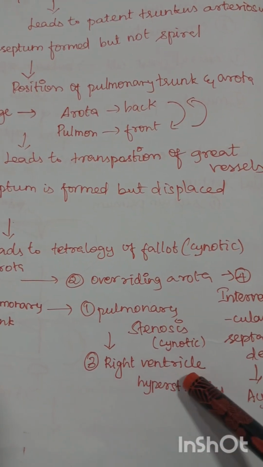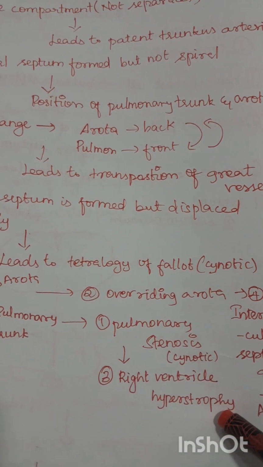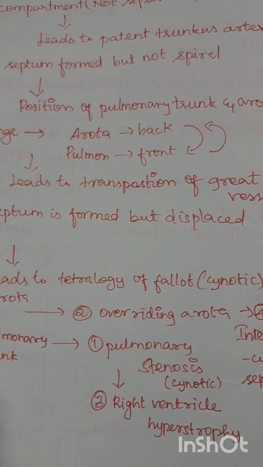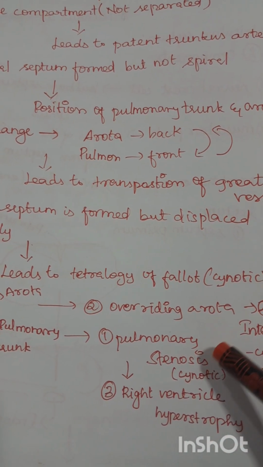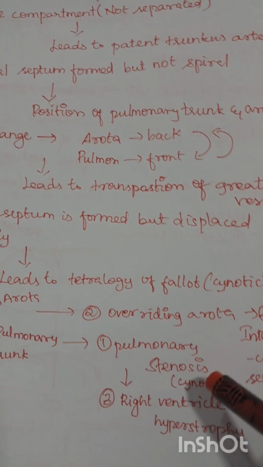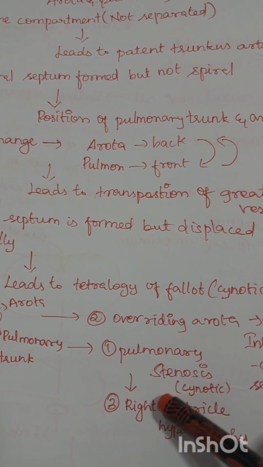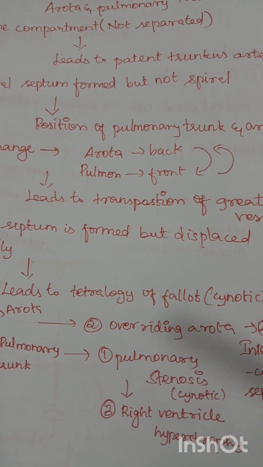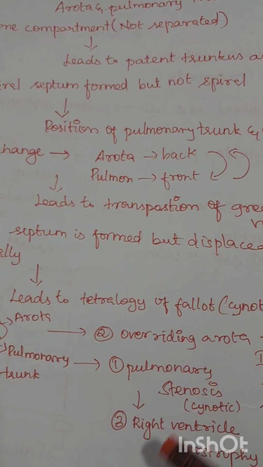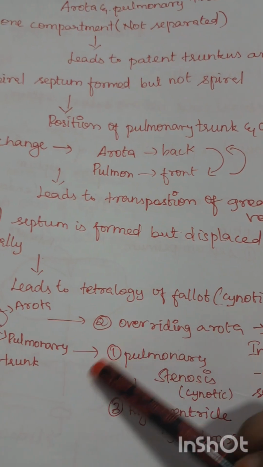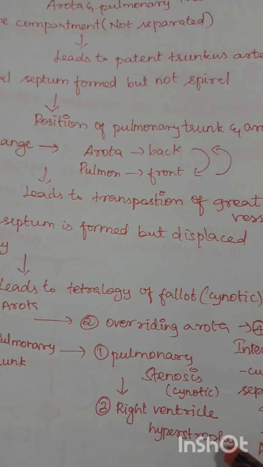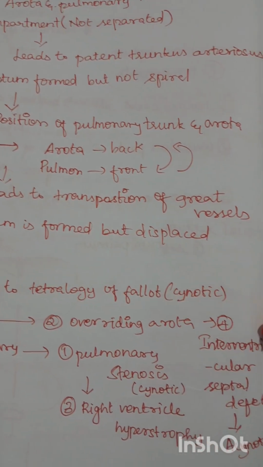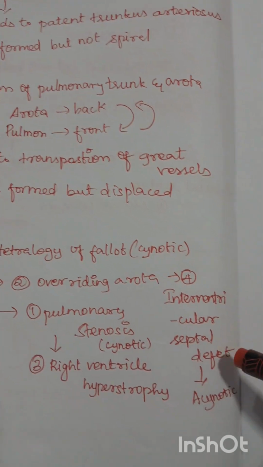Then right ventricular hypertrophy takes place with pulmonary stenosis, because the blood flow is reduced. The right ventricle has to pump blood into the pulmonary trunk or pulmonary artery, and when that is not sufficient, it leads to hypertrophy. The overriding aorta leads to an interventricular septal defect.